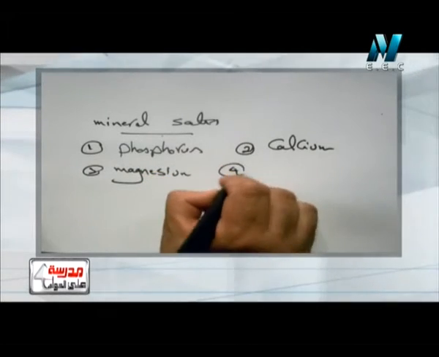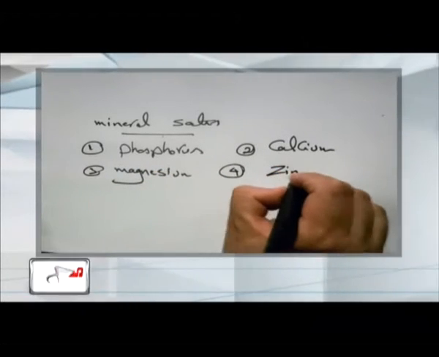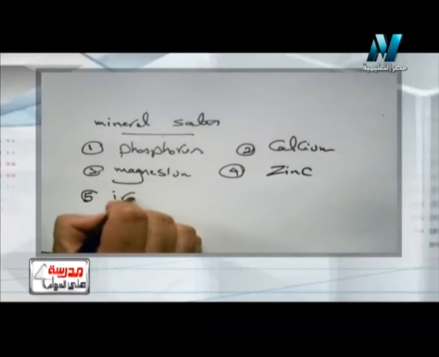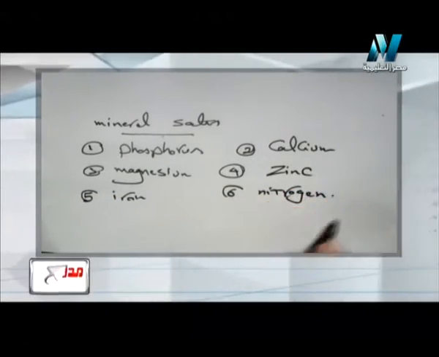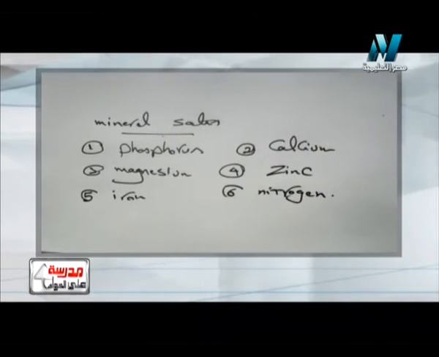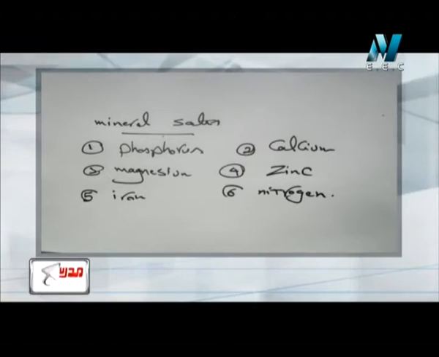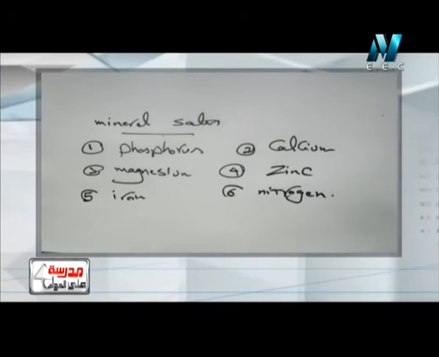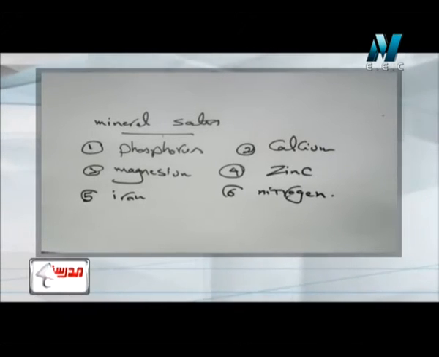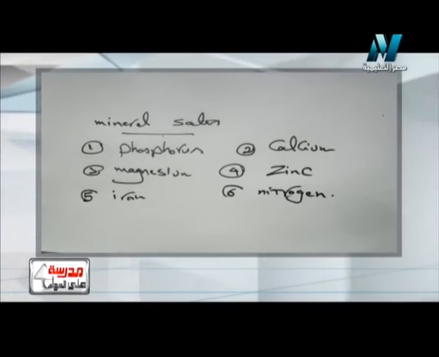Number 4, zinc, iron, nitrogen, and so on. The plant needs mineral salts from the soil, such as phosphorus, magnesium, calcium, zinc, iron, nitrogen, or potassium.